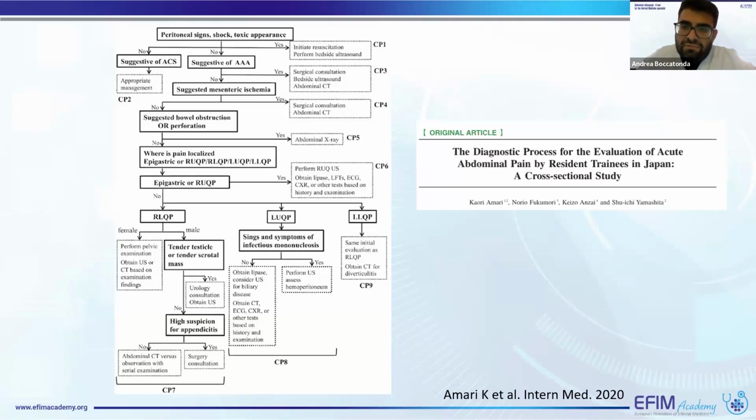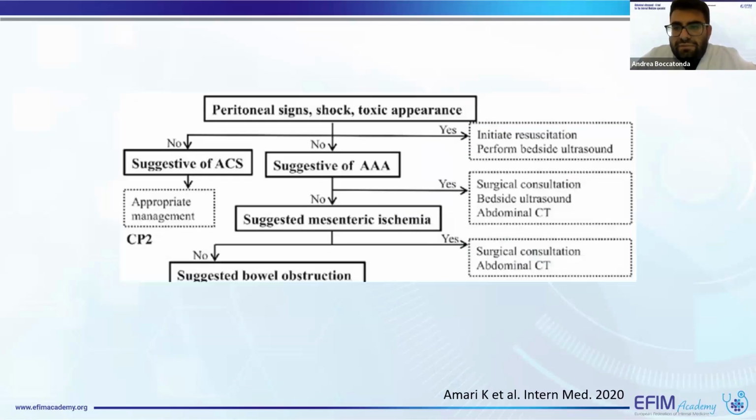First of all, when we face a patient with upper abdominal pain, we should exclude peritoneal signs on physical examination, signs of shock and toxic appearance. In this case, we should apply an initial resuscitation and eventually apply the so-called bedside ultrasound, in particular with an algorithm aimed to evaluate signs of shock.